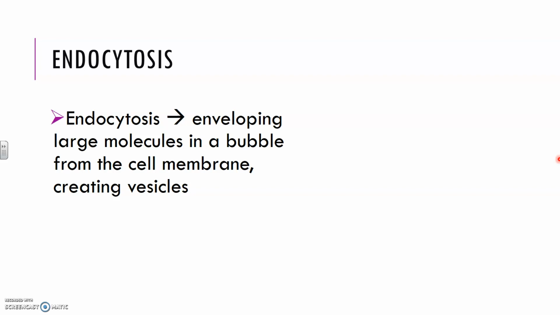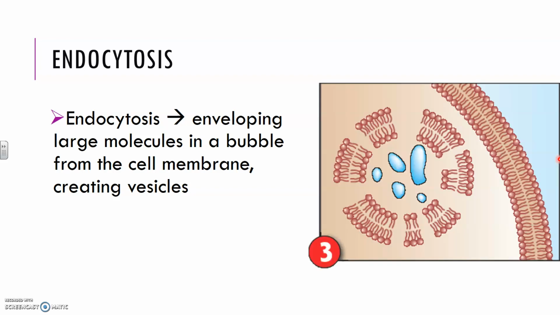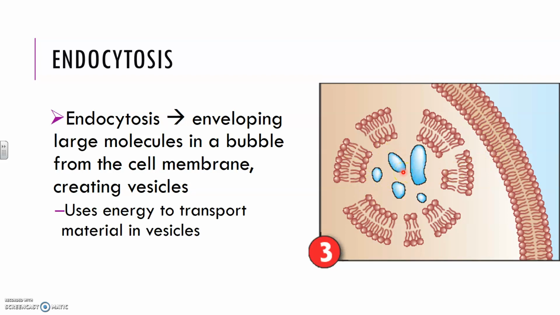And then it pinches off that plasma membrane, the cell membrane, to create a vesicle. And so that contains all of the nutrients inside of the vesicle. And then it can break down the vesicle once it's inside the cell in order to get at those nutrients. So the nutrients started outside here, and then it bubbles inward, and then pinches off the membrane in order to get its nutrients.